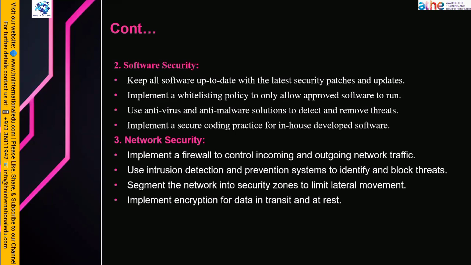You will use intrusion detection and prevention systems to identify and block threats. If there is any kind of intrusion detected, it will simply prevent your system from it and block that threat. Then segment the network into security zones to limit lateral movement.